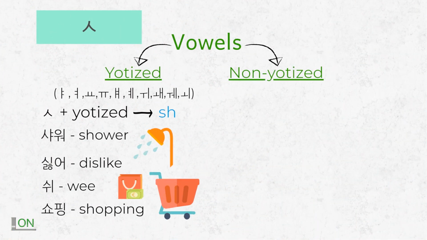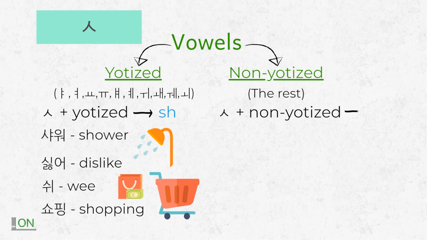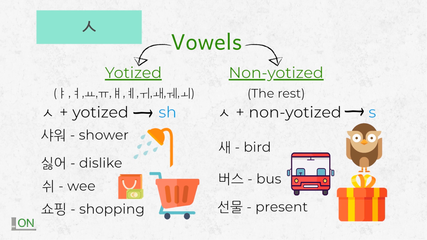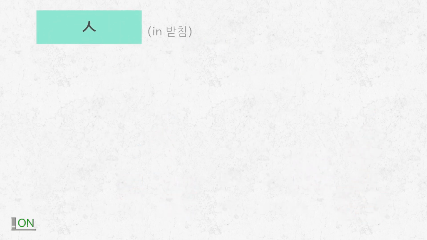Now let's look at non-iotized vowels. It's the rest of vowels. So s plus non-iotized vowel is gonna be just simply s. For example, 새, bird, 버스, bus, 선물, present. Now let's look at how to pronounce s in pachim.